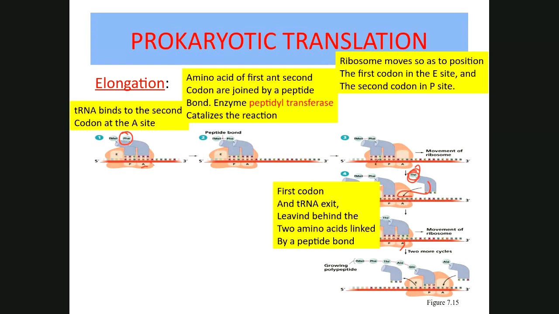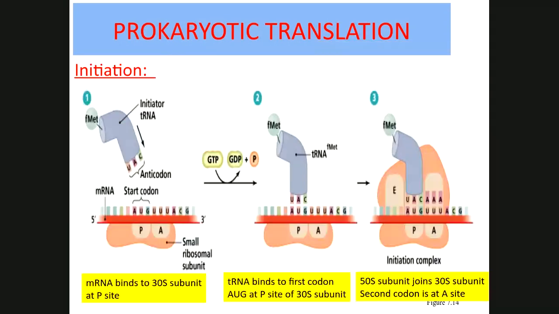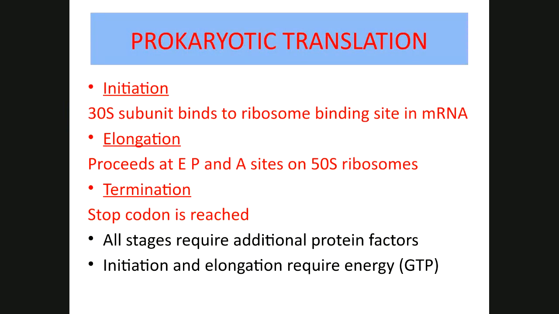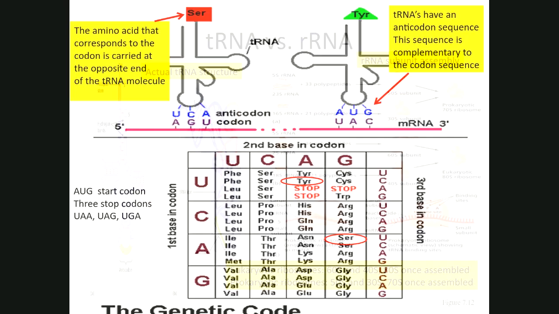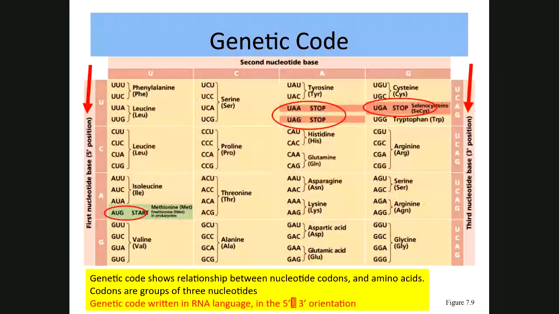So by reading the codons on the messenger RNA and having the tRNAs available with the correct amino acid attached to them, the protein is being made. When it comes to the test, you will be provided with a genetic code like this one, so that you can read the codons and the amino acid that each codon stands for.